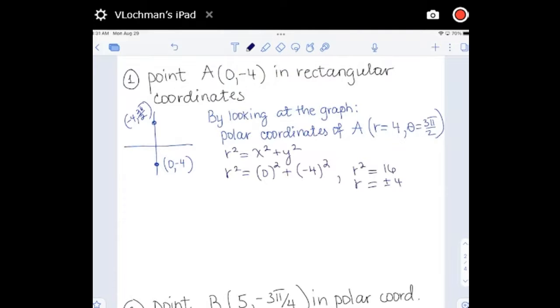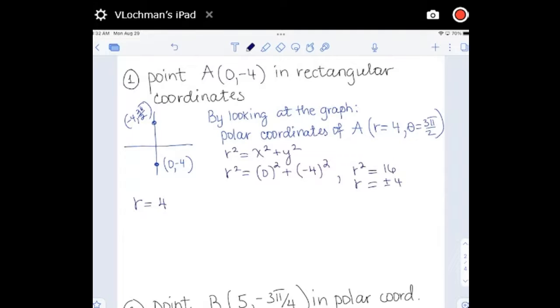For the easy answer, we'll go with the positive. So we know that our r is going to be positive 4. Could you go with the negative? Yes, you could, just like Javier tried to do. In this case, we would have negative 4, pi over 2. But let's go with the simpler one, r is equal to 4.